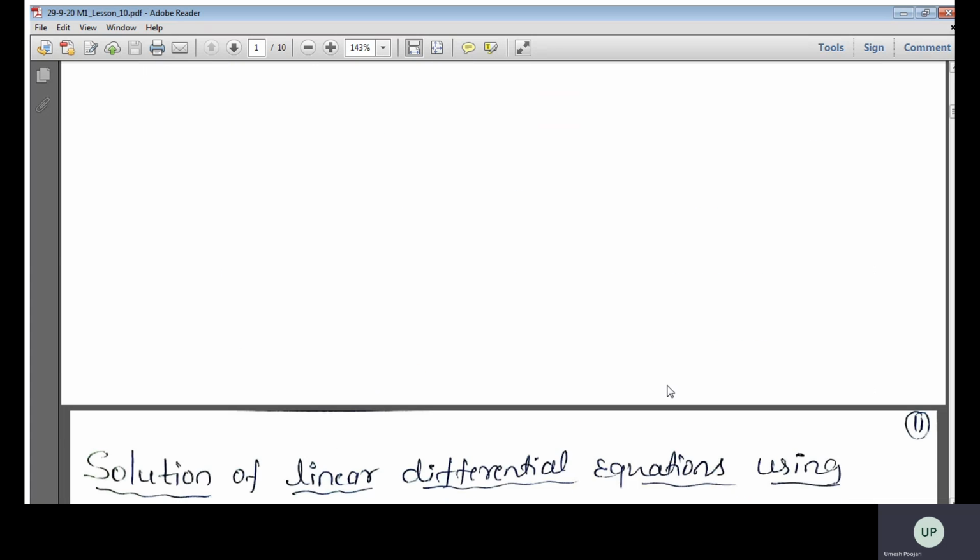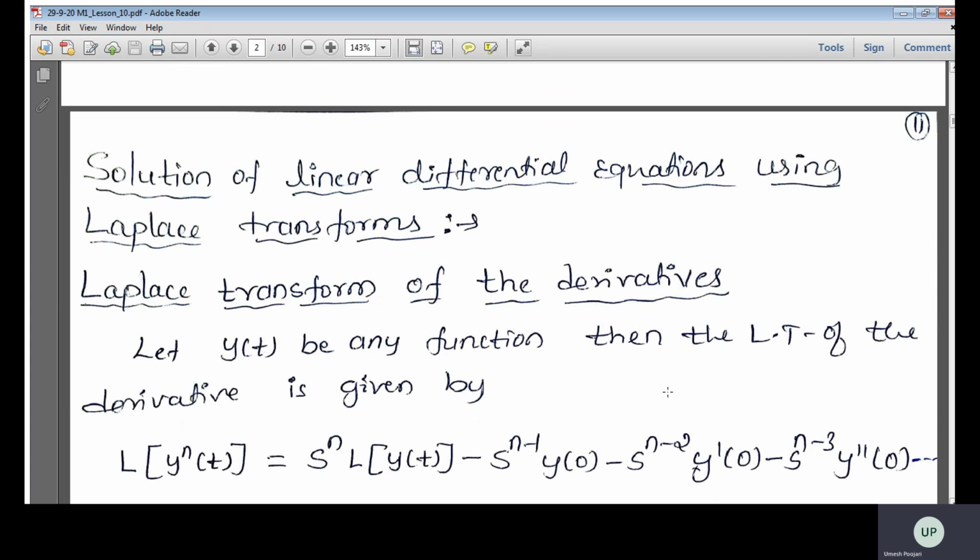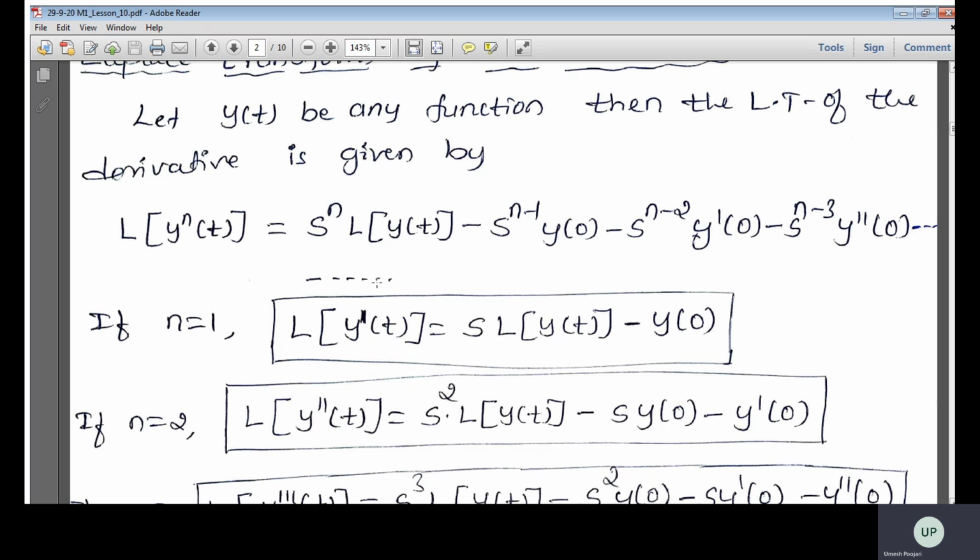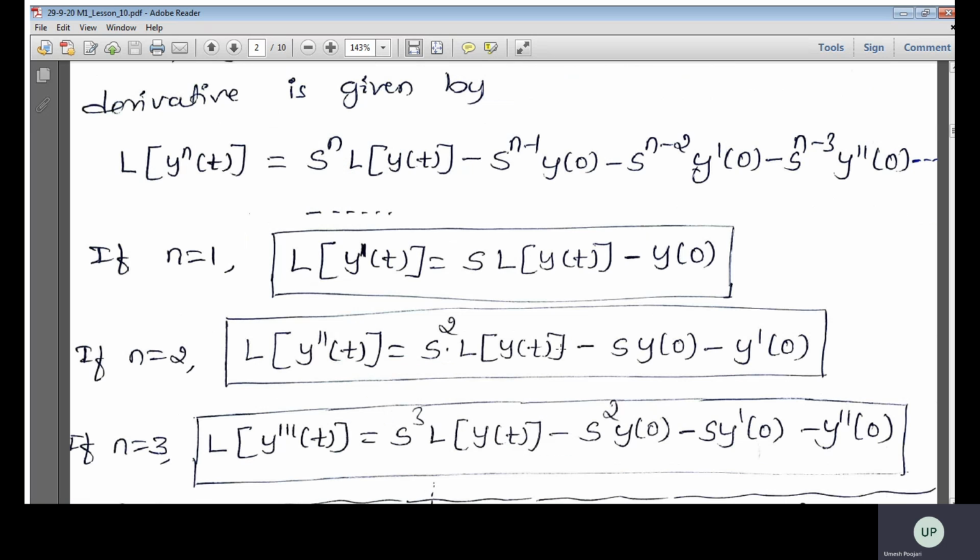To solve these differential equations, what we need to remember is that the main formula is L of y raised to n of t equals s power n L of y of t minus s power n minus 1 y of 0 minus s power n minus 2 y dash of 0, and so on. In particular, you have to remember these three formulas. L of y dash of t is s into L of y of t minus y of 0.